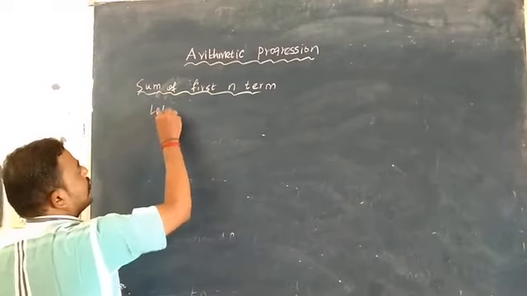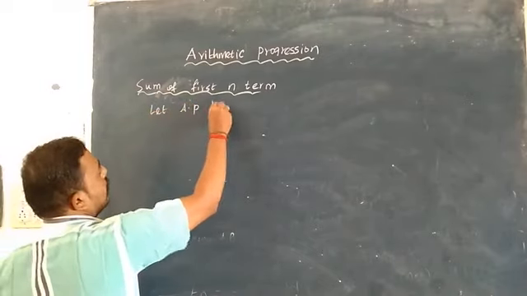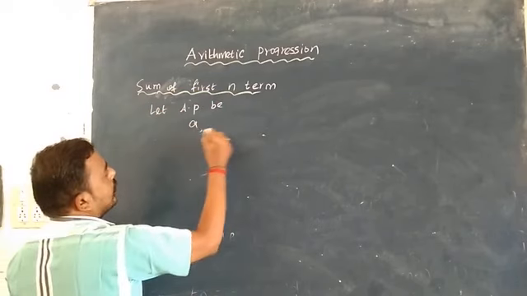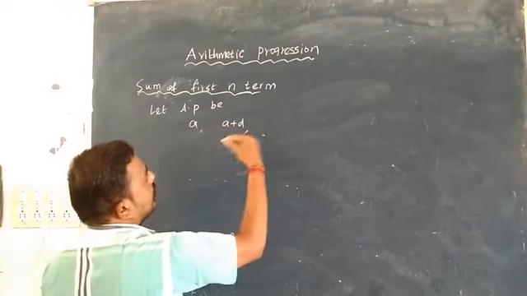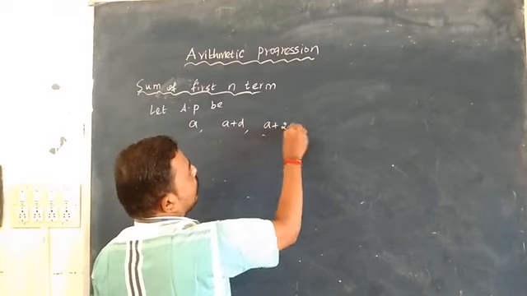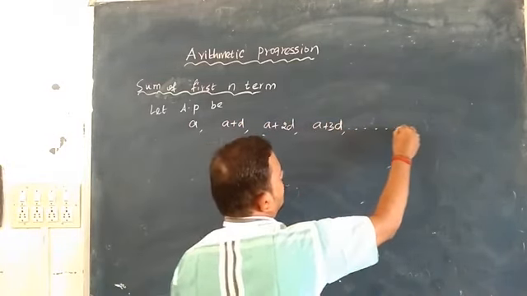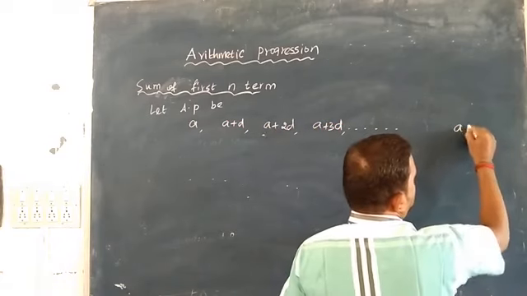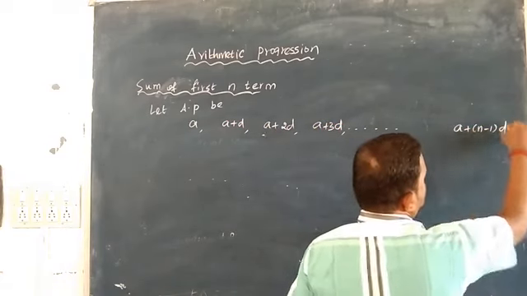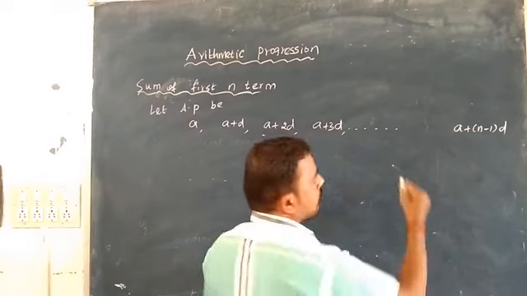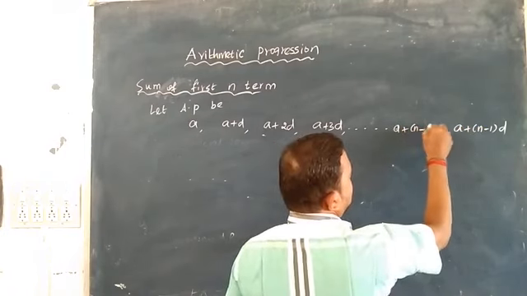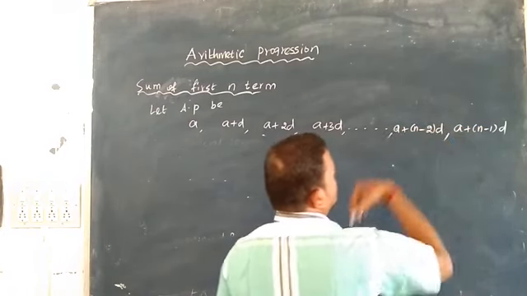Let the AP be in general form: a, a plus d, a plus 2d, a plus 3d, and so on. Here the last term is a plus n minus 1 into d. The previous term is a plus n minus 2 into d. That's all.